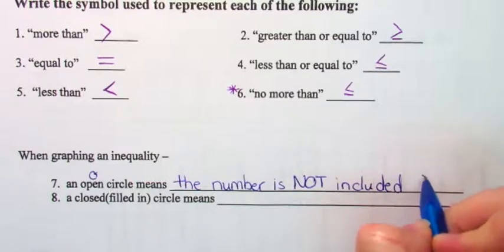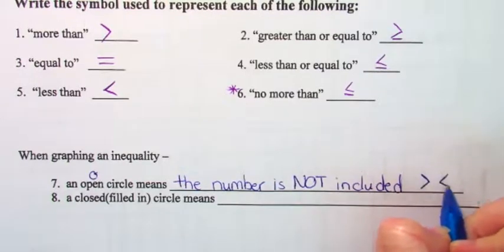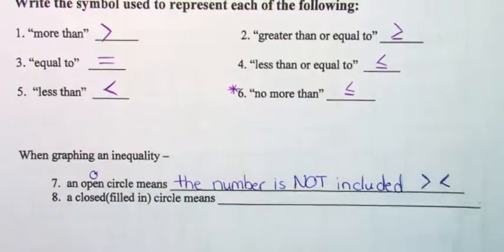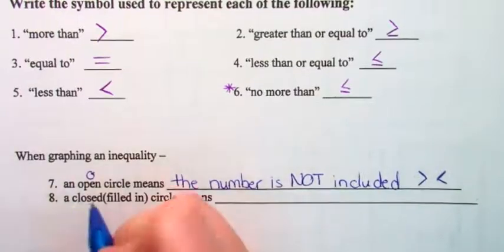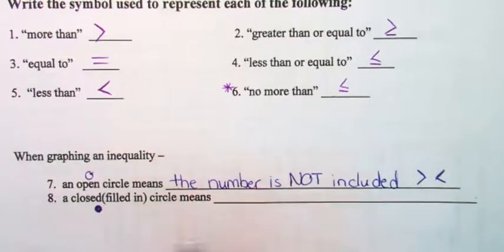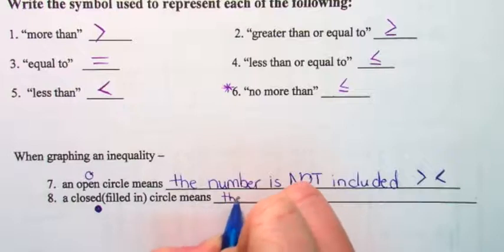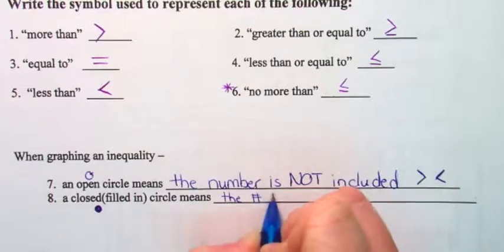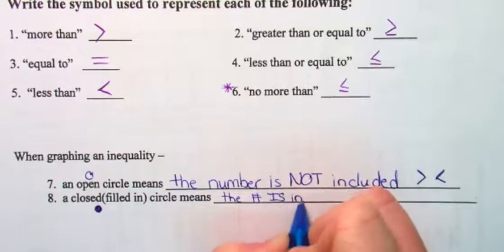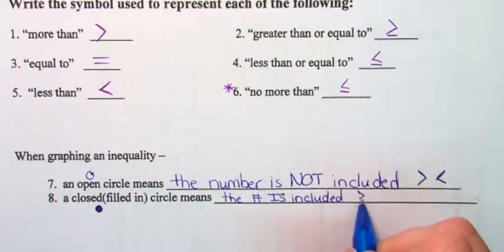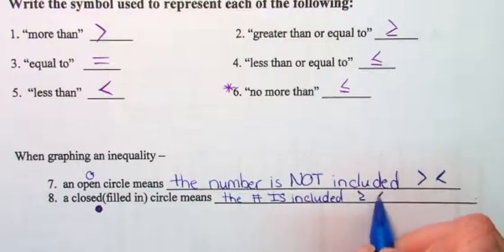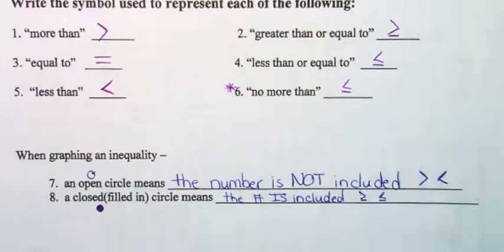So we're going to use the symbols greater than or less than to represent an open circle. Whereas a closed circle or a filled-in circle means the number is included. And we know the number is included because we have that greater than or equal to, less than or equal to. So it has that equal to part.